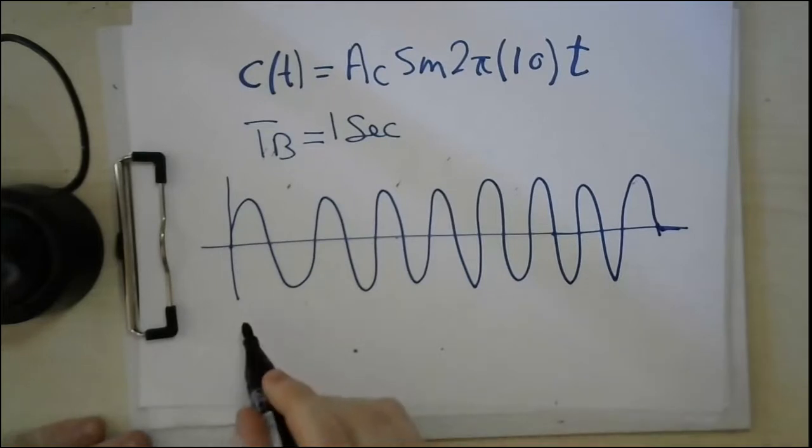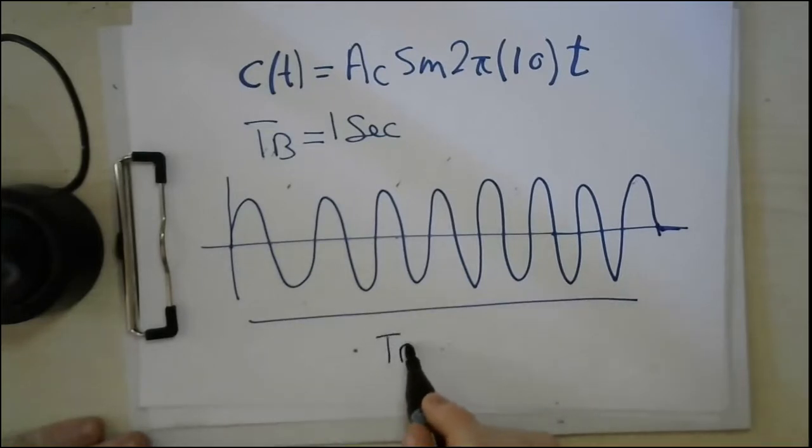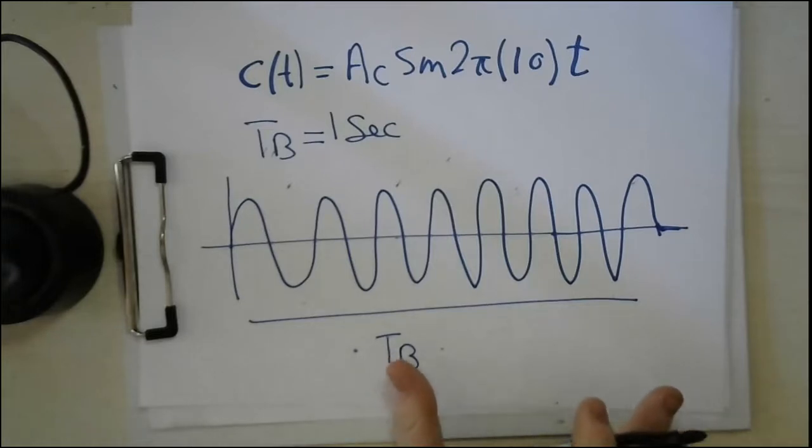So here, in one TP, you have an integer number of periods, of cycles.